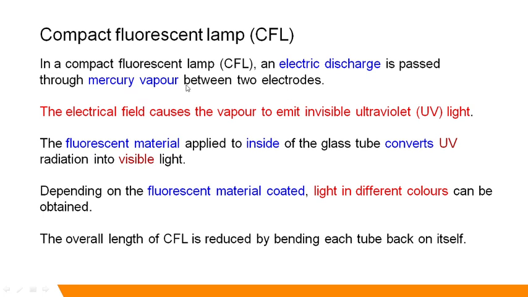So what happens? When the electric discharge is passed through mercury vapor, the electric field established in that region causes the vapor to emit ultraviolet, invisible light.